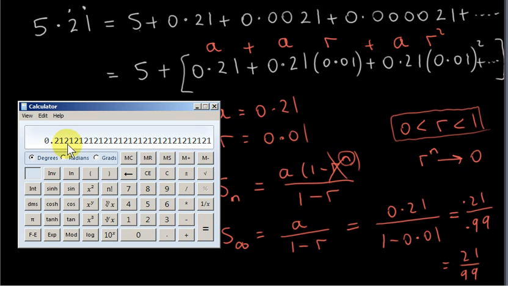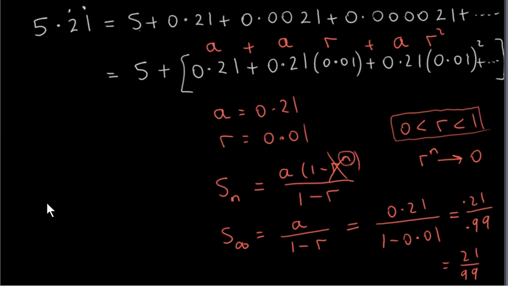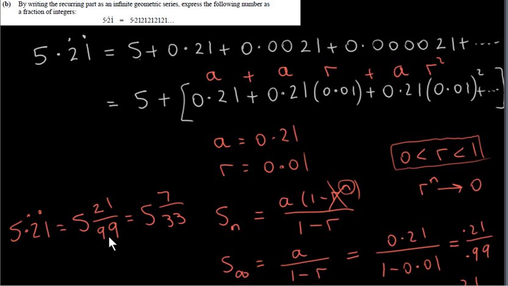And we do indeed get 0.21, 0.21, 0.21, or 0.21 recurring. So 5.21 recurring is 5 plus 21 over 99, which is just written 5 and 21 over 99. 21 over 99 can be cancelled down to 7 over 33. So this is the answer.